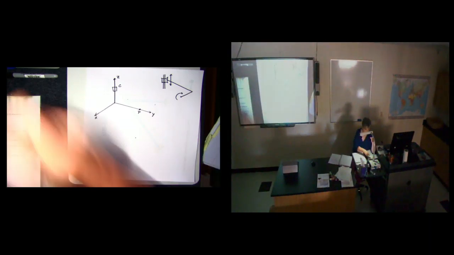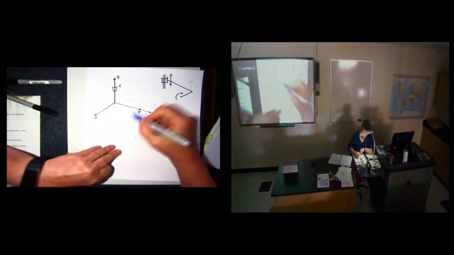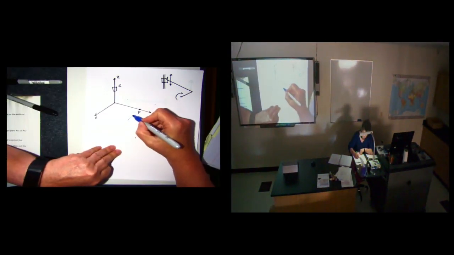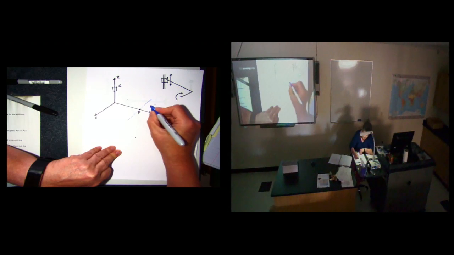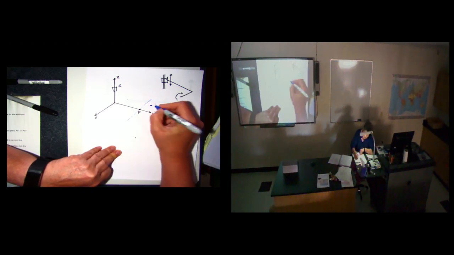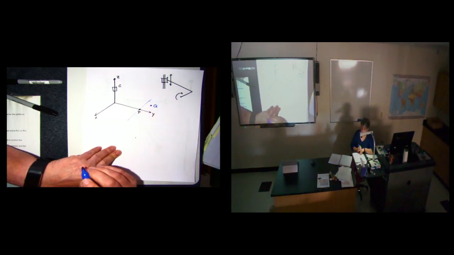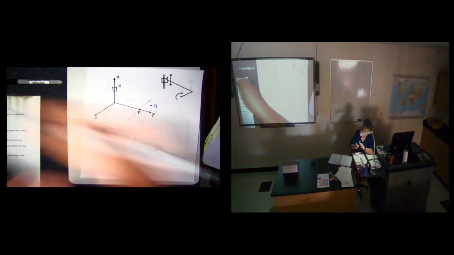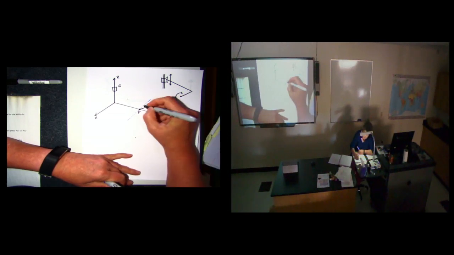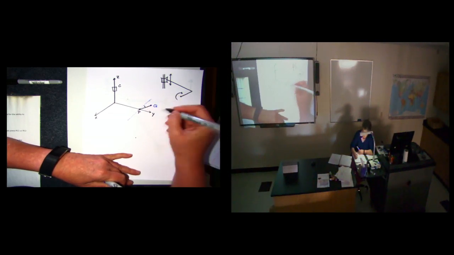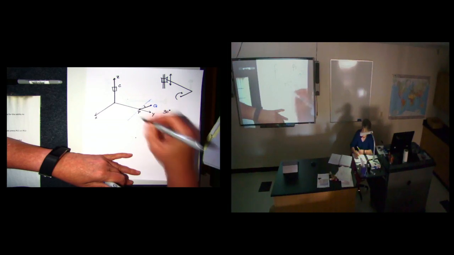I'm going to put in a reference frame to help me out. Got my piece here. The end of the arm for my crank is Q. And this is 30 degrees below the horizontal.